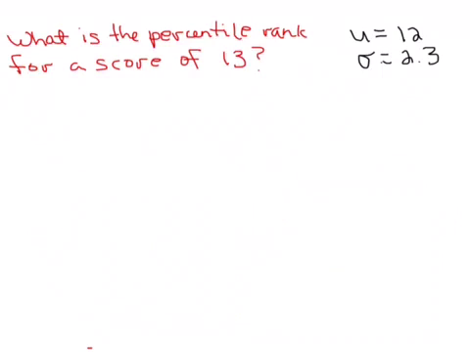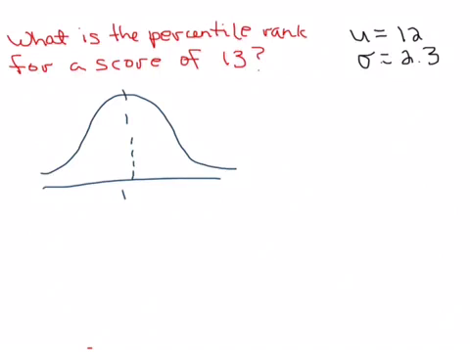The next question is, what is the percentile rank for a score of 13? Again, the first thing that I want to do is draw my distribution and locate the information. So we know the mean. First thing I do is put the mean, which is 12. Mu equals 12. Then I can see immediately that my score is 13.